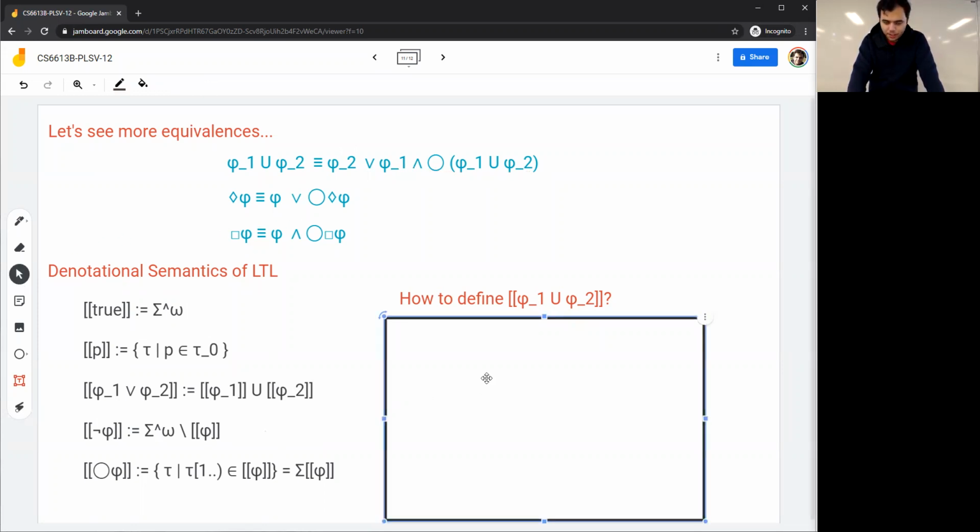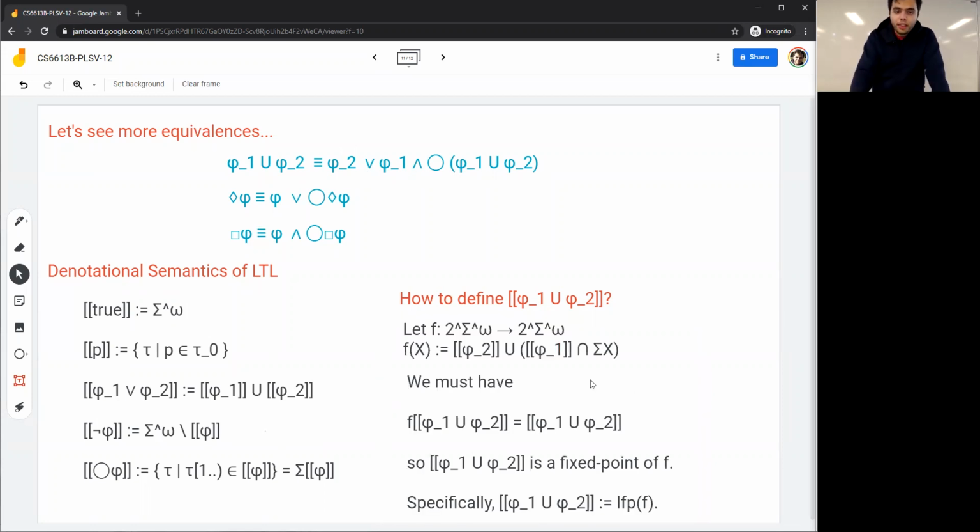So I actually have it written here. I want to define a function F such that this semantics here is a fixed point of F, right?